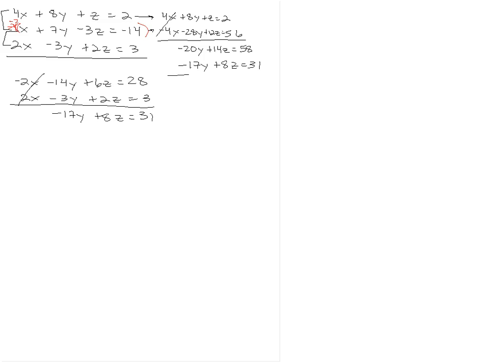8, negative 16, 3 is 24, 4 is 32, 5 is 40, 56. All right, between 8 and 14, 56 divided by 14 should be 4. And 56 divided by 8 should be 7.